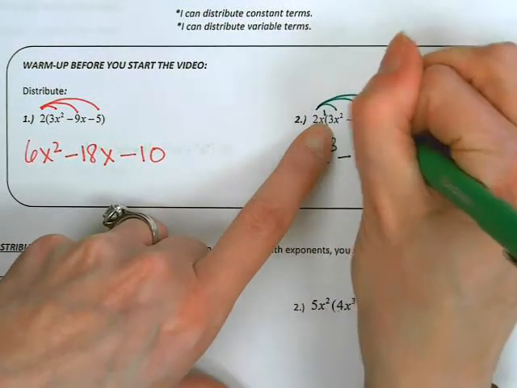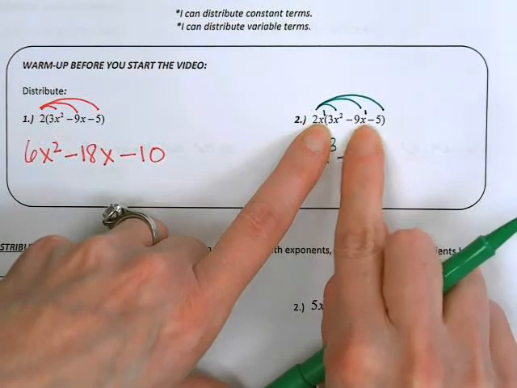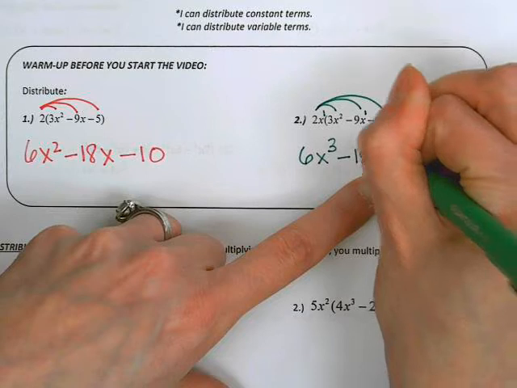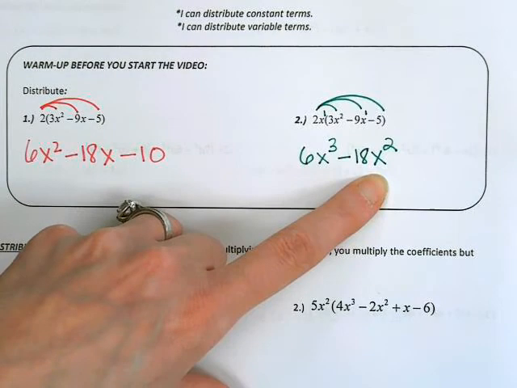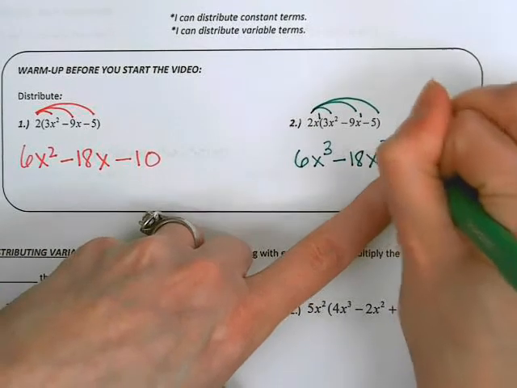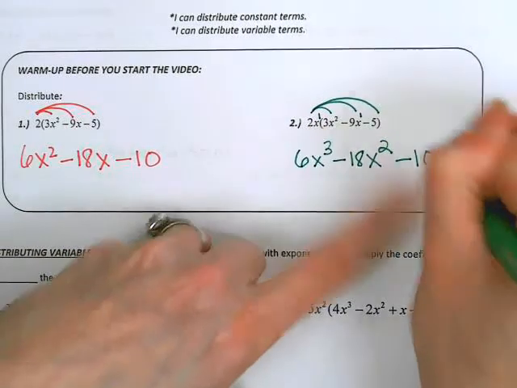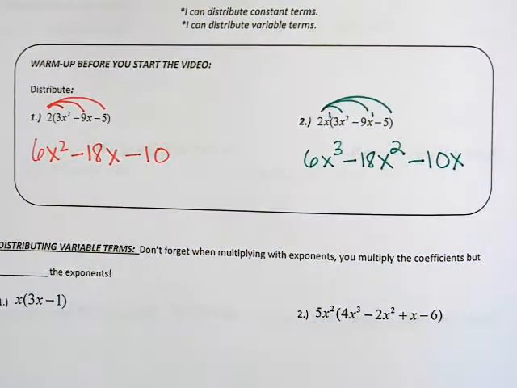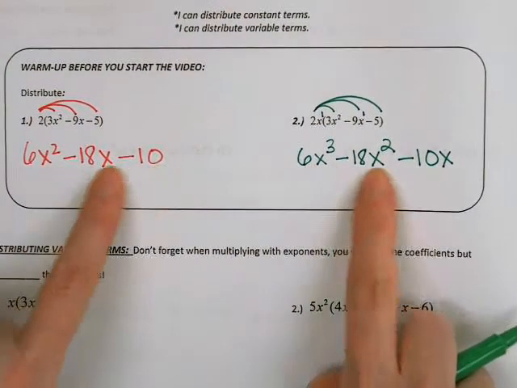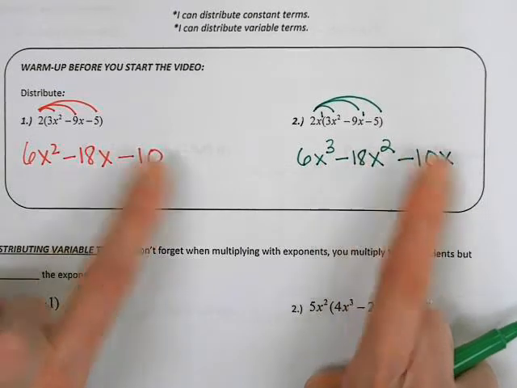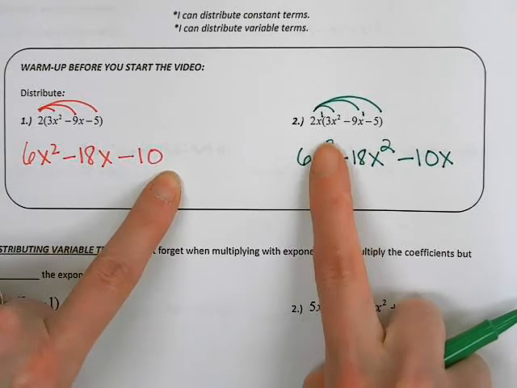X times x, but when you're multiplying same bases, you add, so this becomes x squared. And then 2 times negative 5 is still negative 10, but there's an x there. So notice, it's very similar, except all the x's went up by 1 if there's an x out front.